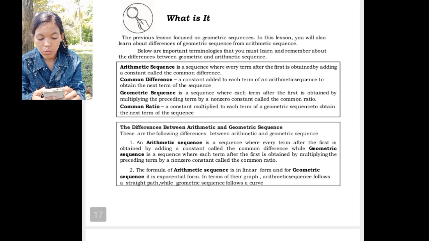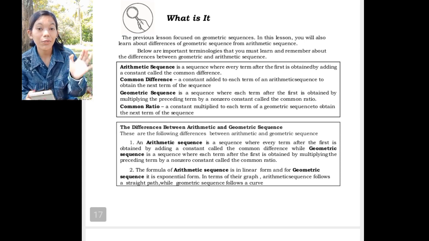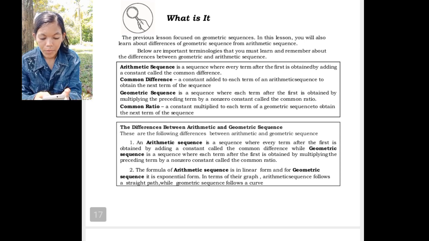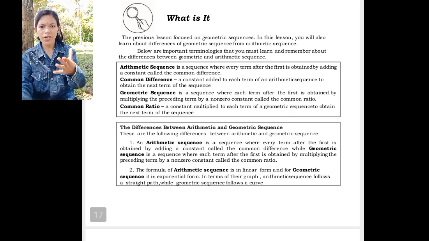Common difference is a constant. Ang common difference ang tawag sa katong constant nga number nga gi-add na na-obtain to nga sequence, no? Sakto ba? And common ratio sad kay katong constant nga gi-multiply or gi-divide ato nga given sequence. So balik-balik ra to siya, differences nila.